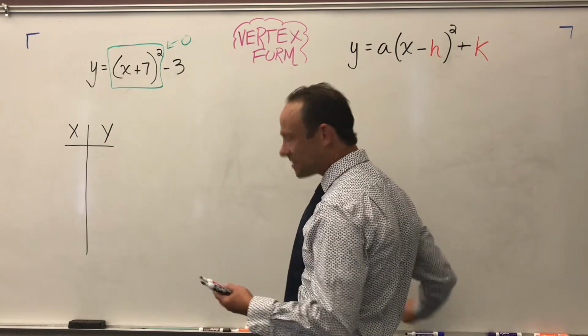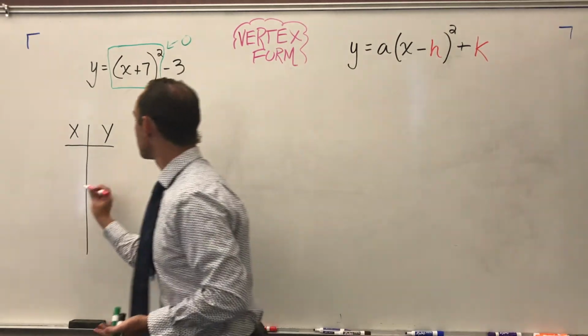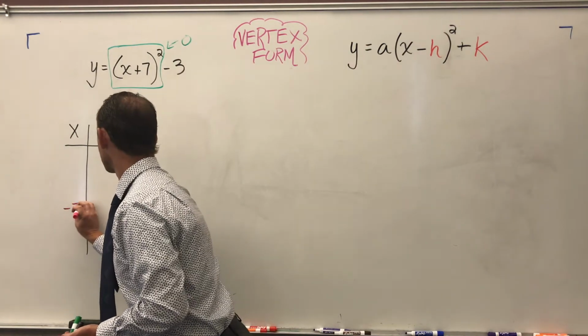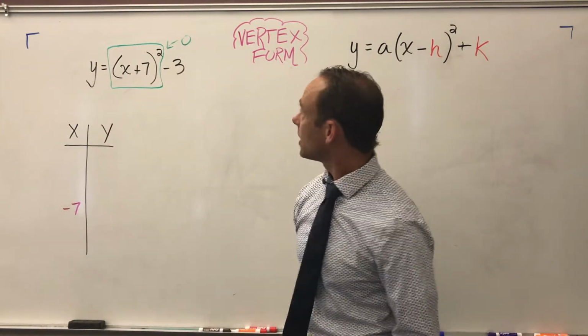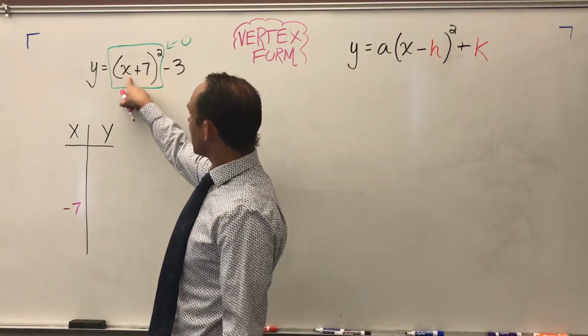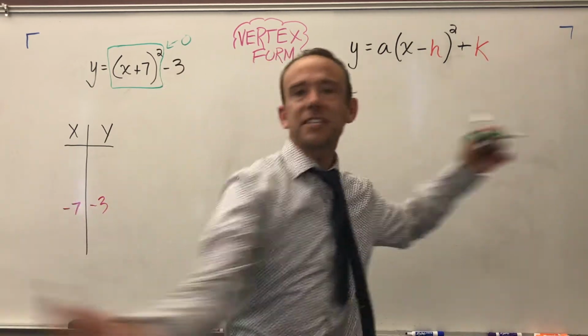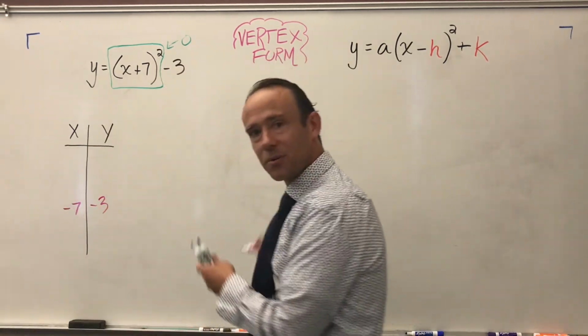And when is that 0? When x is -7, right? -7 creates the 0. Gangster. All right, so now what we can do is say, okay, well, when that's -7, that's going to be -3. And that's the vertex. Boom.